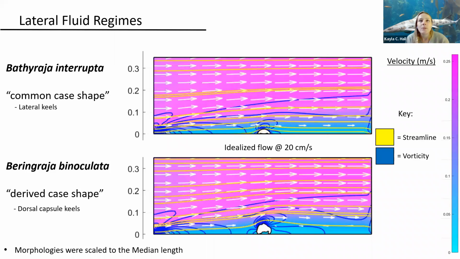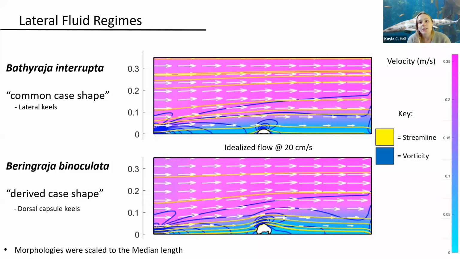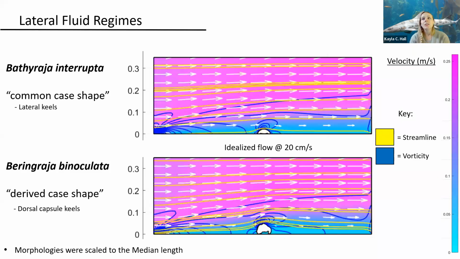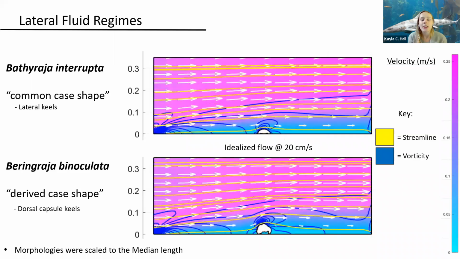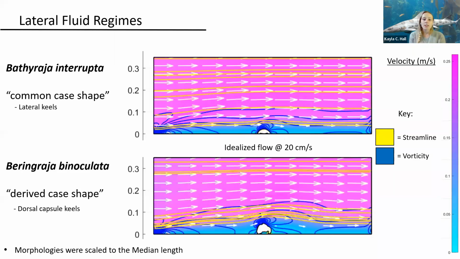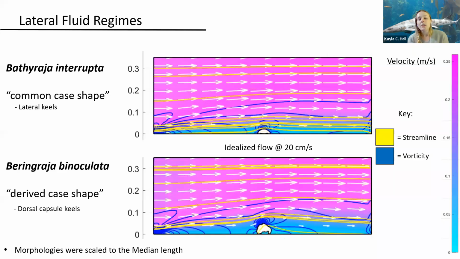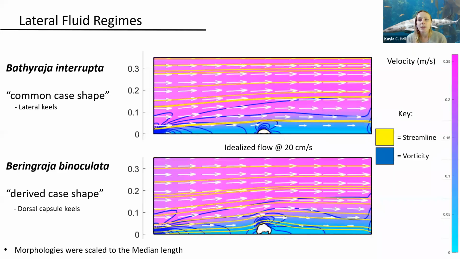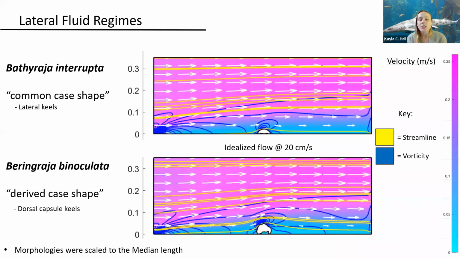But the big difference that we see for binoculata is the orientation. Their modified dorsal keels are actually inhibiting them or causing more of a disruption than they would in the anterior posterior position.